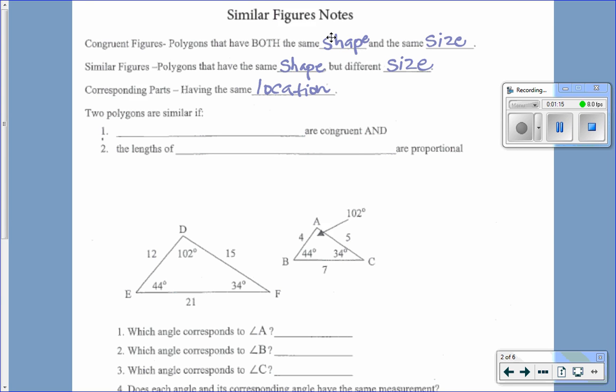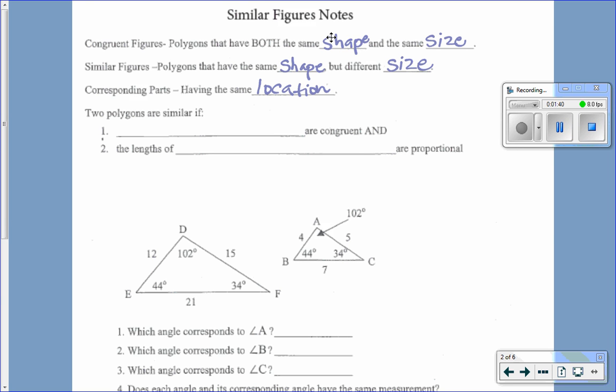Who corresponds with her over there? Okay, which one specifically? The middle desk. Good. Zaina corresponds with what over here? Same location is where? The backpack. Are we good? Do we understand same location?